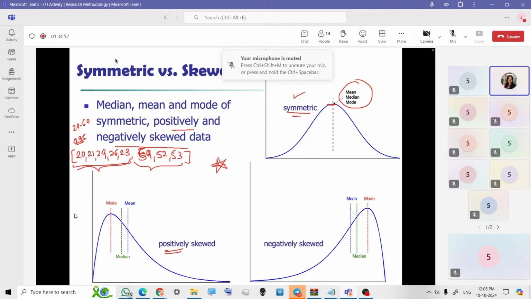So in that case, it is skewed this way, because the values of mode and median come after the mean value. In the same way, if there are multiple employee salary values of less than 50,000, then it comes under positively skewed data. I hope you're getting this.